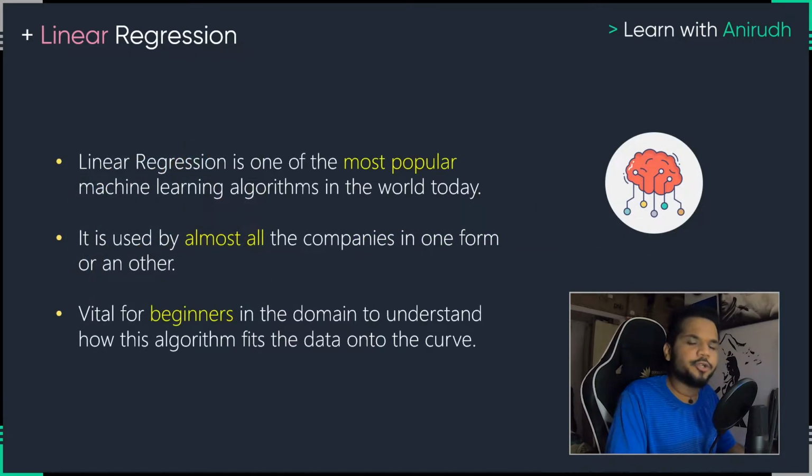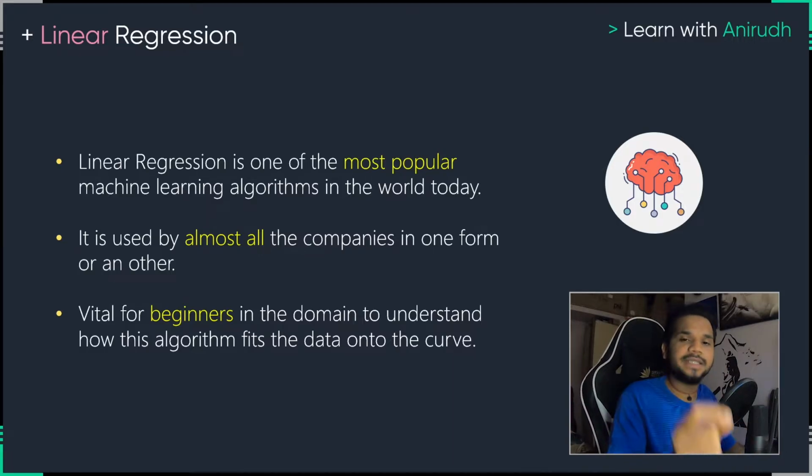An important thing you guys should know about linear regression is that it is one of the most popular machine learning algorithms we have in the entire world of ML today. This is because it is used by almost all of the companies that are out there, and this makes it a very vital concept for beginners who are looking forward to getting into the world of machine learning.